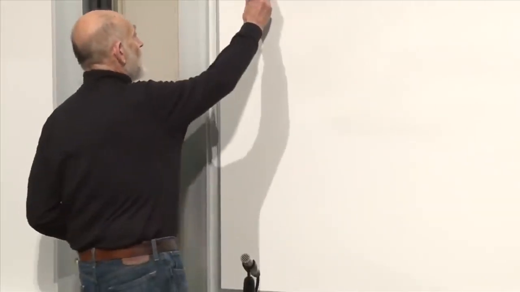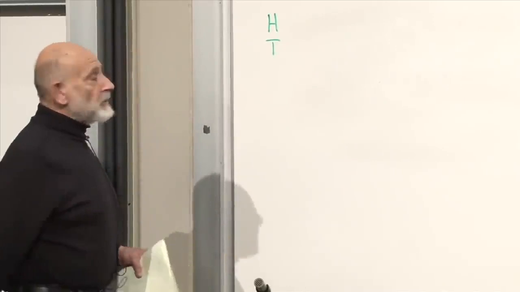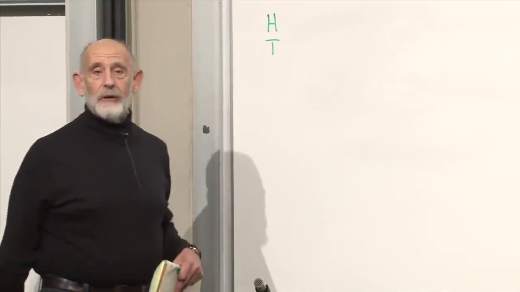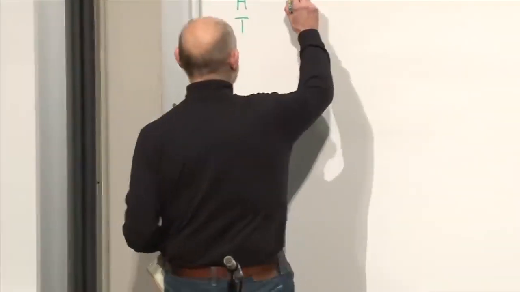Okay, so the qubit. The qubit, when it's measured, we're going to talk about measuring in a moment, is either heads or tails. But let's describe it another way. Let's give it a degree of freedom, a mathematical degree of freedom, and I'm going to call that mathematical degree of freedom sigma.